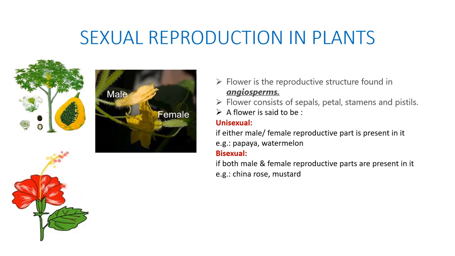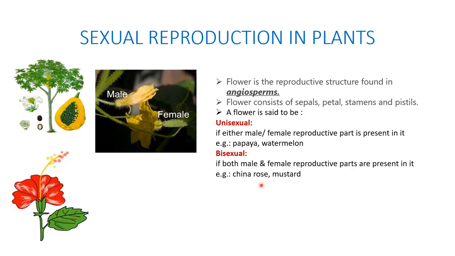Because it has a pistil, that is the female reproductive organ, and the male organ, that is the stamen, present in the same flower. Because of this, they are called bisexual. So if both male and female reproductive parts are present in the same flower, we call it a bisexual flower.